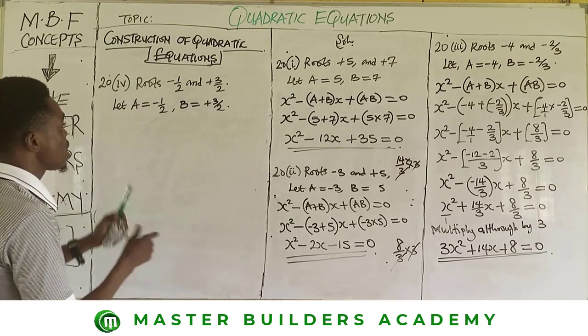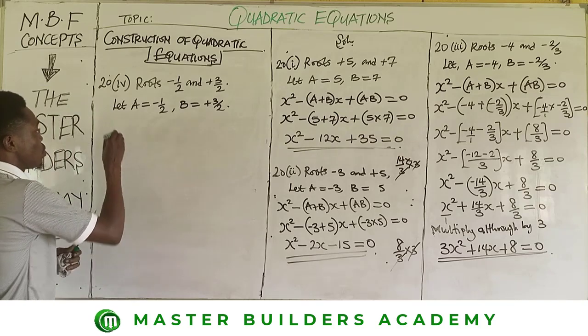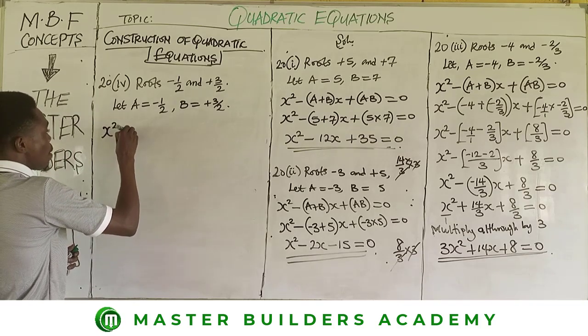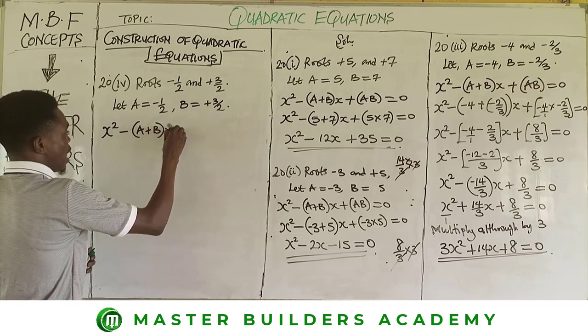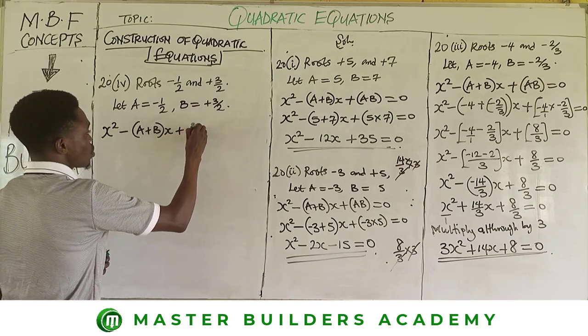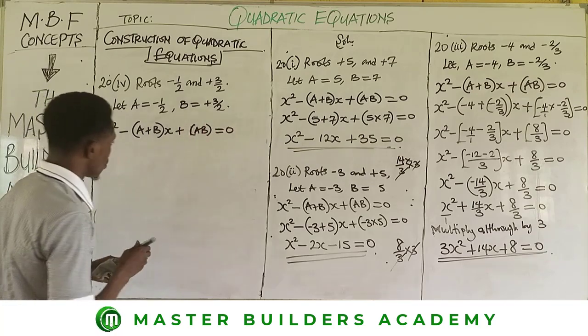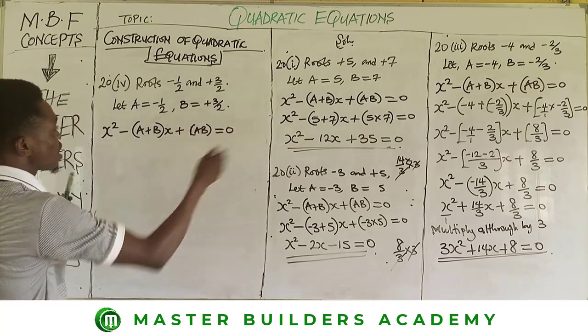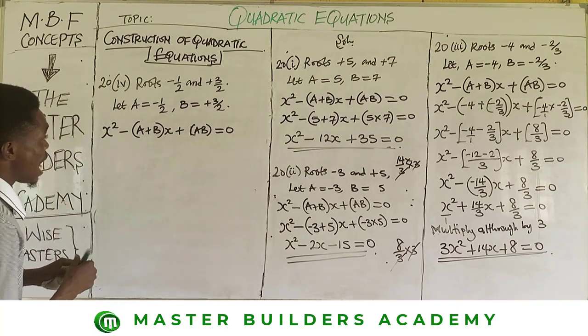So all we need to do here now is to recall the standard quadratic equation, which is x squared minus the sum of roots, a plus b, multiplied by x, plus the product of roots, a multiplied by b, all equal to 0. So at this point, guys, we quickly substitute the values of a and b.